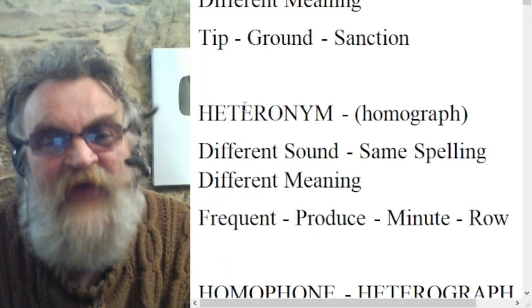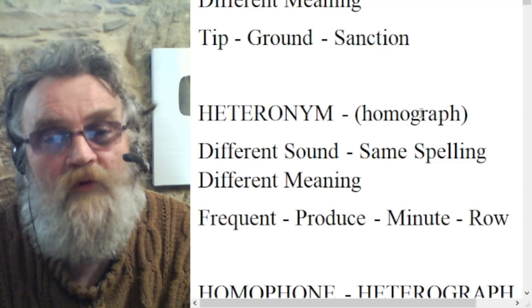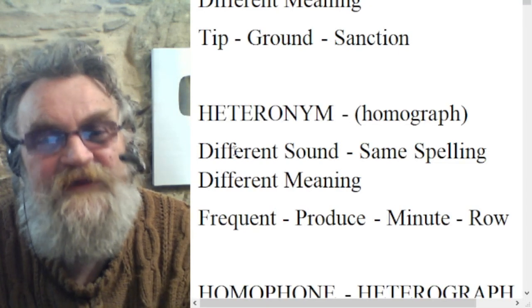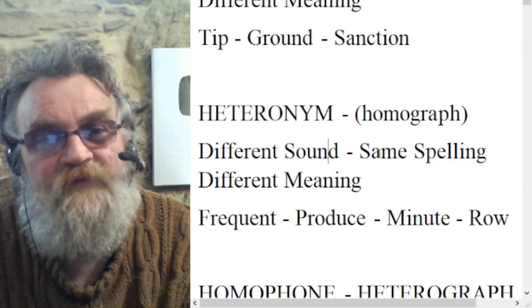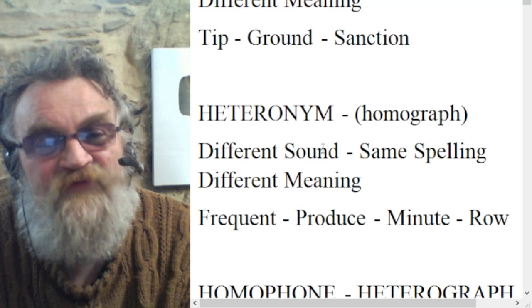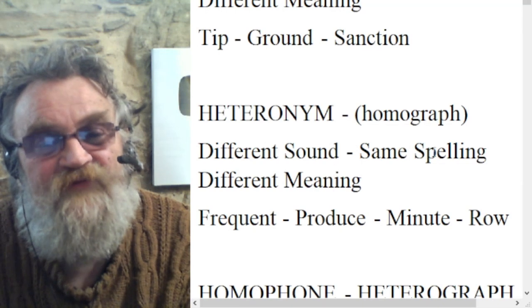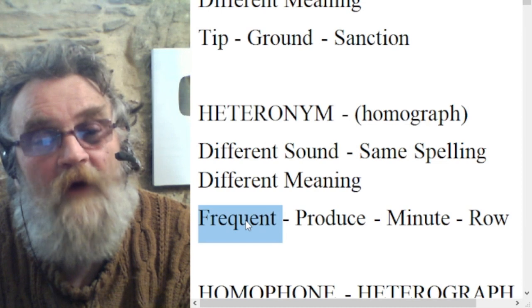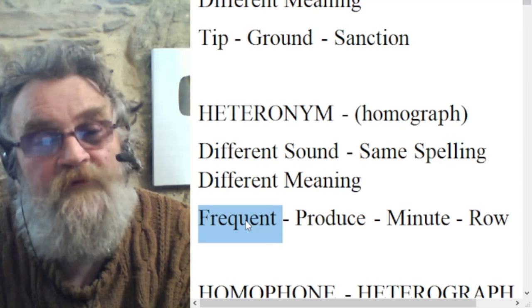Same sound, same spelling, but two or more different meanings. Okay, heteronyms, which are also called homographs. Different sounds, same spelling, different meaning. So the sound is different, but the spelling is the same, and the meaning is different. So, frequent or frequent.